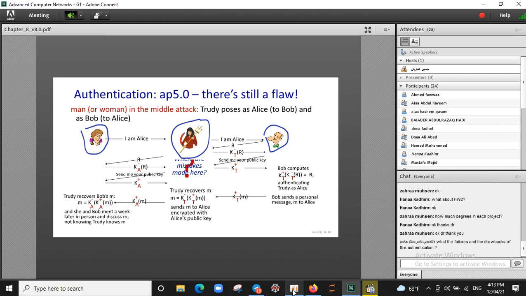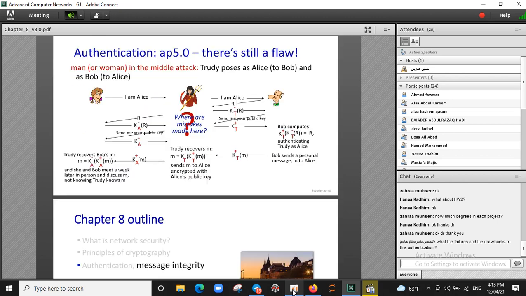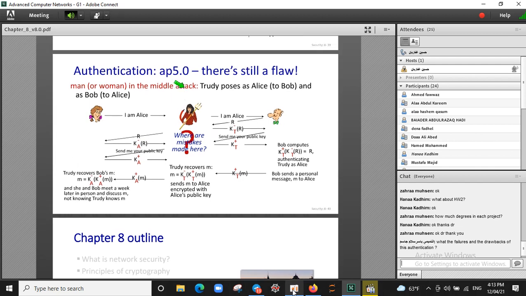The problem is this. When Alice sends her message, "Oh, I am Alice," this message is sent to Trudy, not to Bob. In a man in the middle attack, Trudy will answer, "Okay, this is my message, encrypt it."